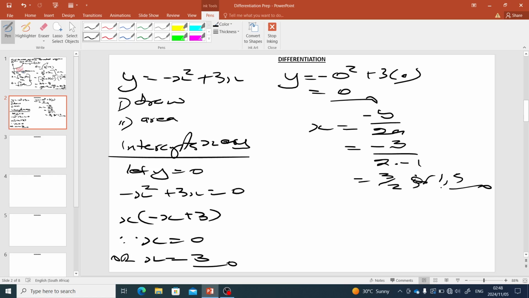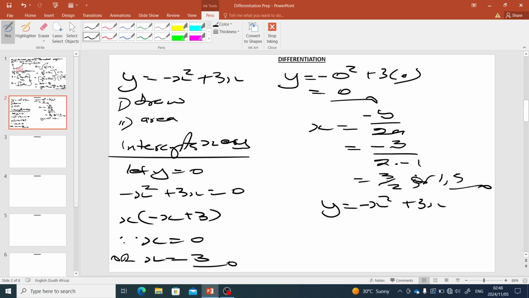We can then substitute x into the function of x in determining the turning point, to determine the y. It will be y equals negative x squared plus 3x.